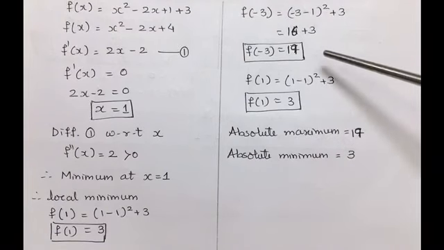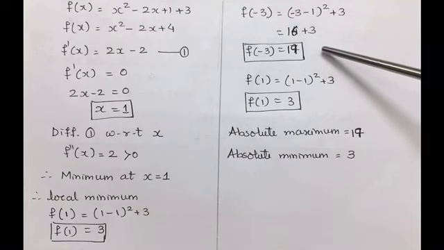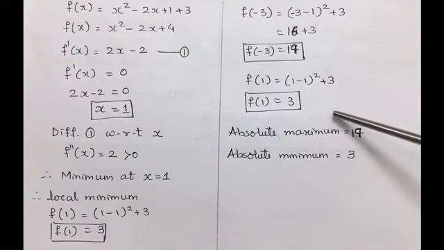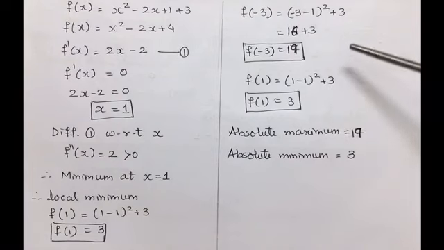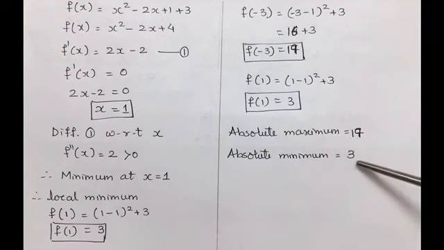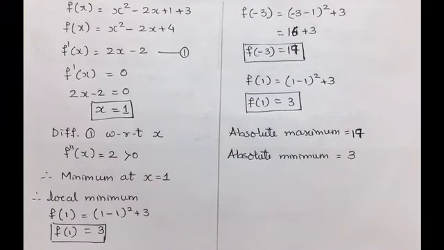Now comparing 19 and 3, the maximum is 19 and the minimum is 3. So the absolute maximum becomes 19 and the absolute minimum becomes 3. So this is how the absolute maximum and minimum are calculated in question number 5.